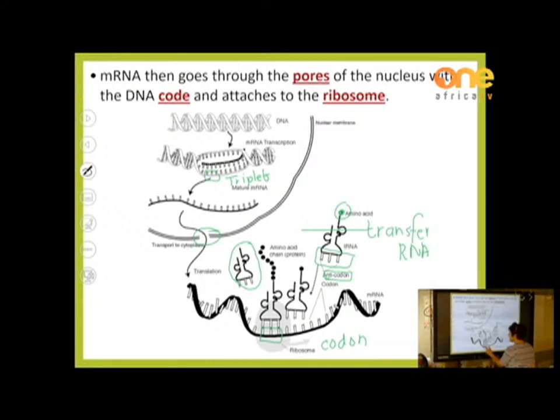On the codon of the mRNA, there will be an anticodon. Attached to that anticodon, we have the specific amino acid. And now we call this translation. When the codon is fitted with an anticodon, there will be a specific order of amino acids linked together, forming a peptide bond, and that is translation.